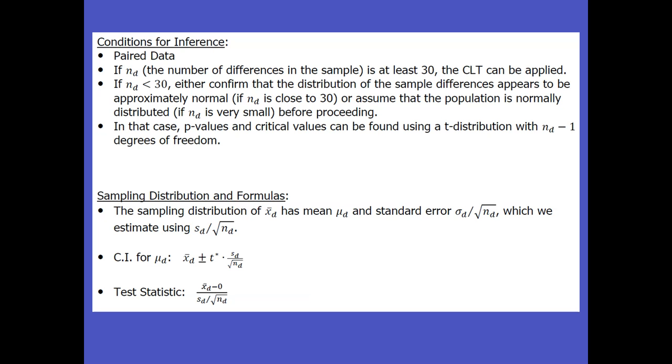Down below, looking at what we have for the sampling distribution, the confidence interval formula, and the test statistic formula, they're basically the same stuff that you have for a single mean, just with subscripted d's. Except for the case of the test statistic, the value from the null hypothesis automatically is 0.